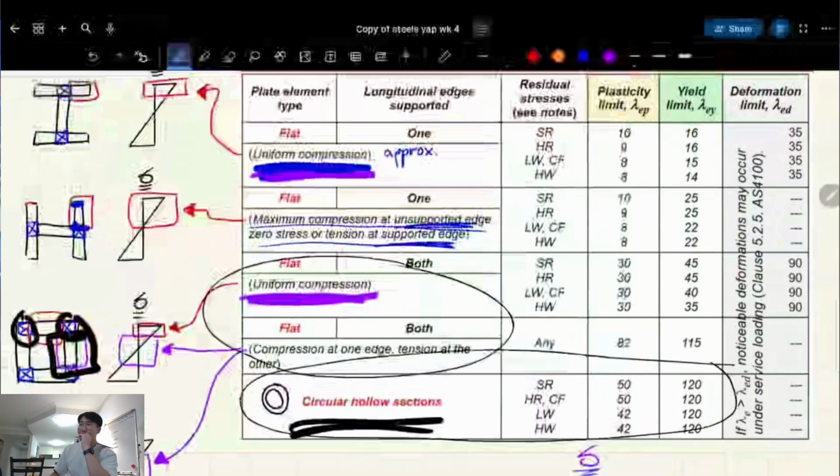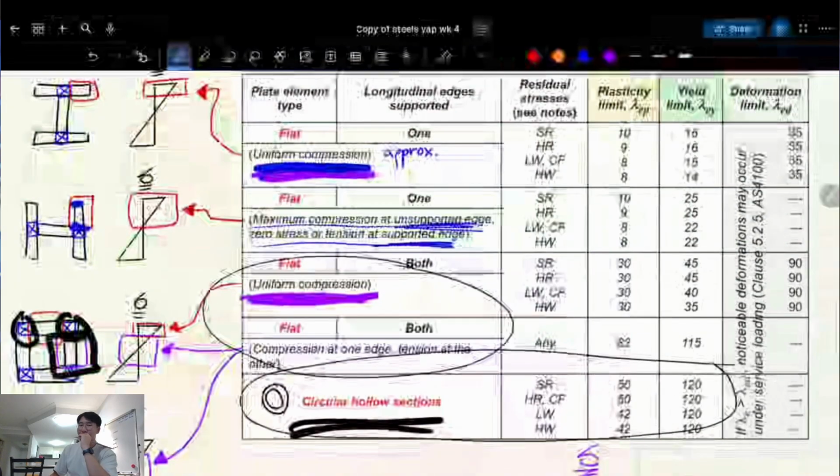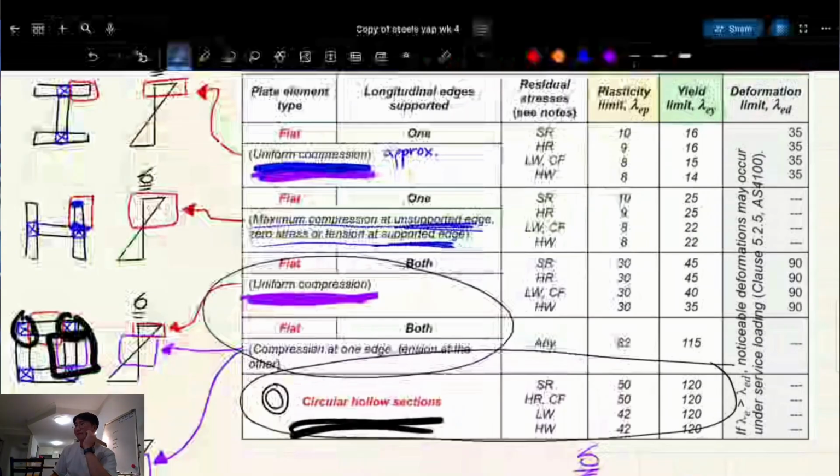Higher plasticity limit or yield limit, is that what you're saying? Yeah. Why do they have a higher limit? Because they're supported from more edges, I guess you can say. For a circular hollow section, there's basically not an unsupported edge.